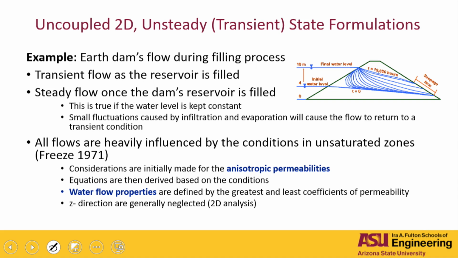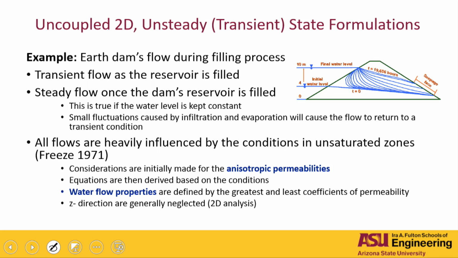You're going to have to fill that reservoir on this side of the dam. So you can go from here all the way to there, and basically it's a transient flow as the reservoir is filled. Once the reservoir is totally filled and you leave that level alone, you just don't change it, that becomes a steady state condition for the soil once it equilibrates. Those are the two.